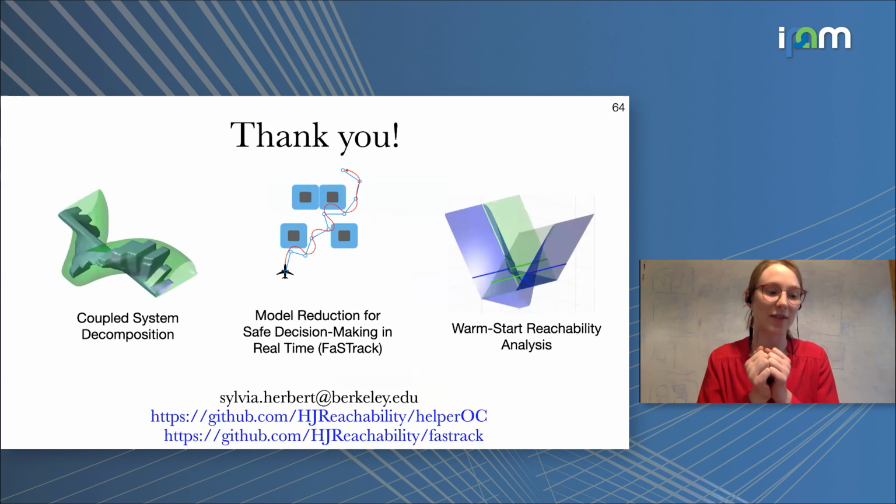But you can imagine that for a high dimensional system, every way you rip this apart and solve a solution will give you a different conservative approximation. And so you can actually take the combination of all of those in order to get the least conservative of those. So that's the brute force method you could do. But one of the directions that I'm really excited about is trying to ask, for a given system, what is the most intelligent way to decompose it so that you reduce the conservativeness in the solution.